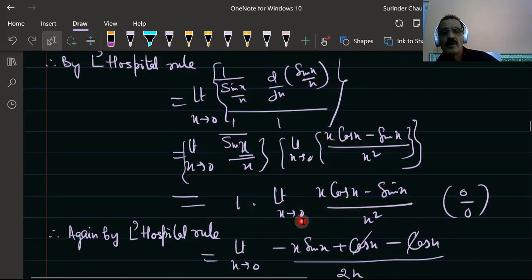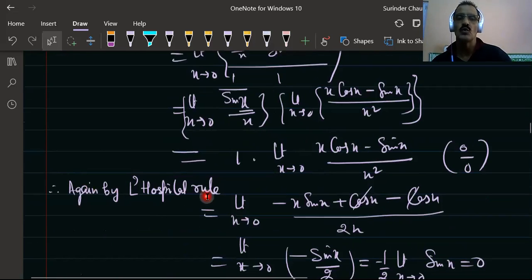Now again put x equal to 0: 0 minus 0, which is 0 by 0 form. Again, we can apply L'Hospital rule. So limit x to 0 of derivative of the numerator: cos x minus x sin x minus cos x, upon derivative of x squared, which is 2x.